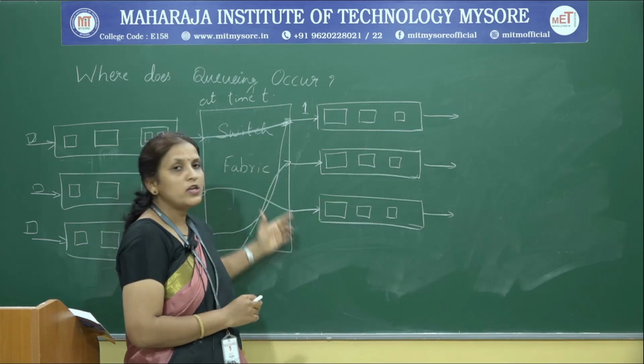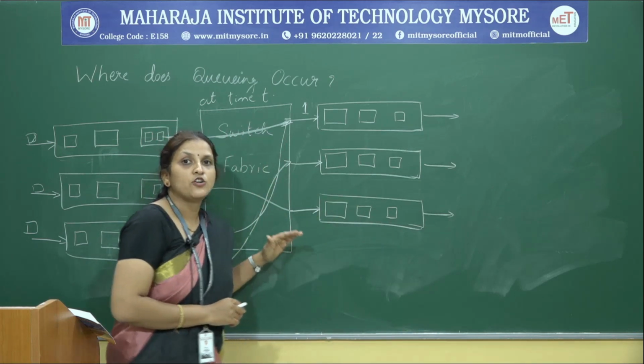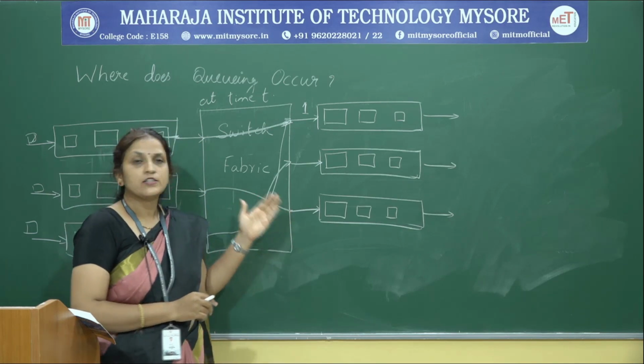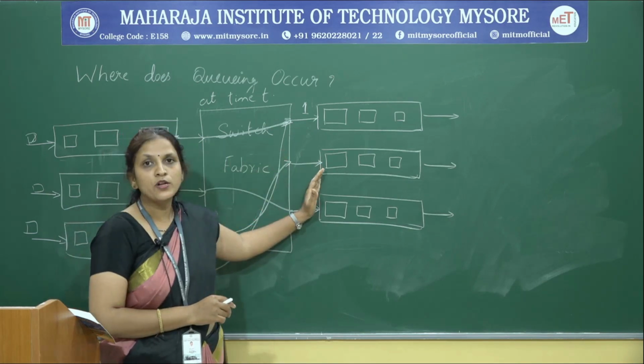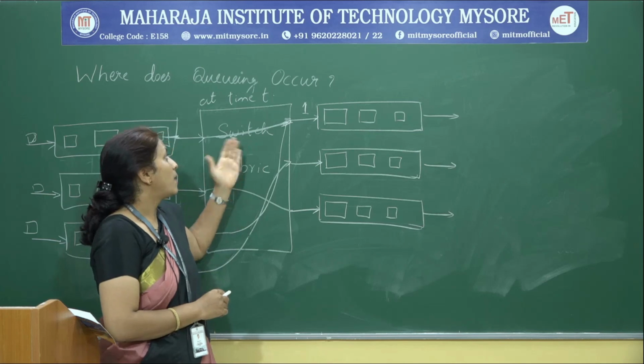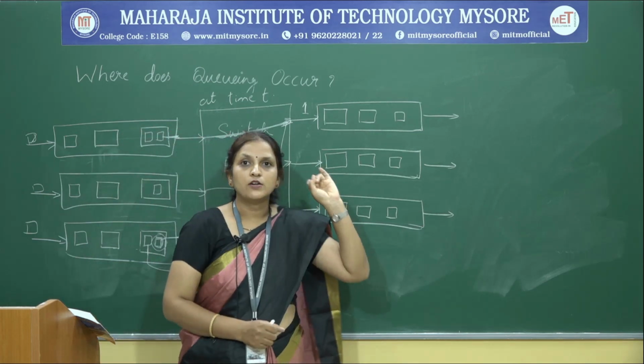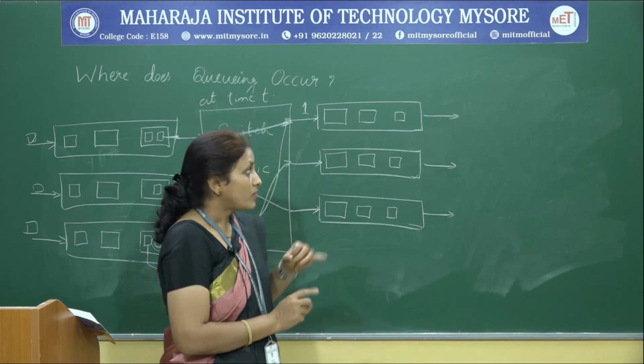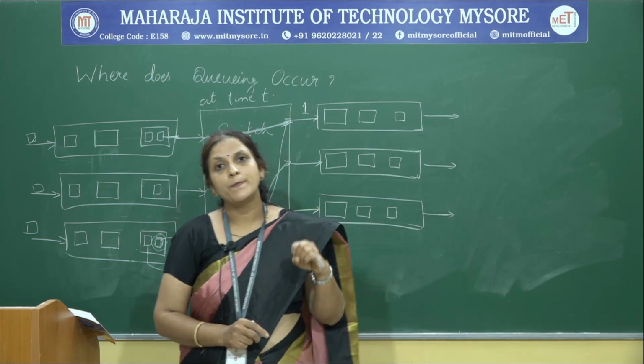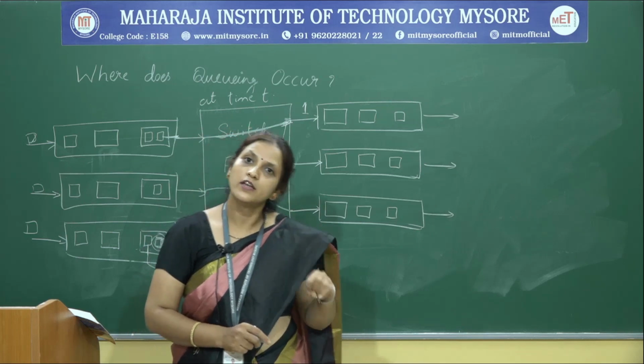So, by this we can conclude that packet accumulation can happen either in output port or in input port, depending upon the speed or the rate at which the transmission of packets from input port to output port can happen with the help of switching fabric. In case of output port, we need to consider two things. One is picking the packets among the packets which are there in the queue.